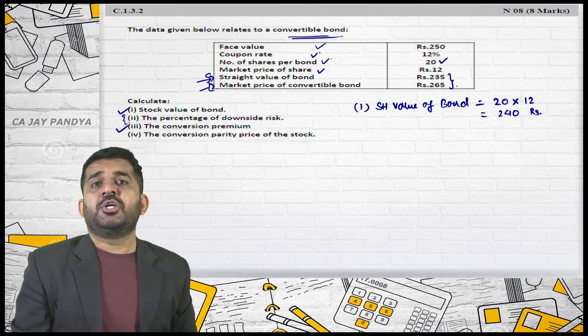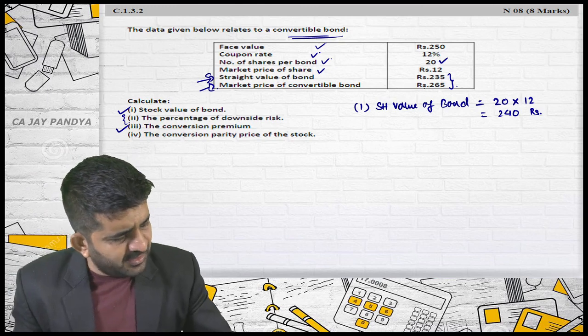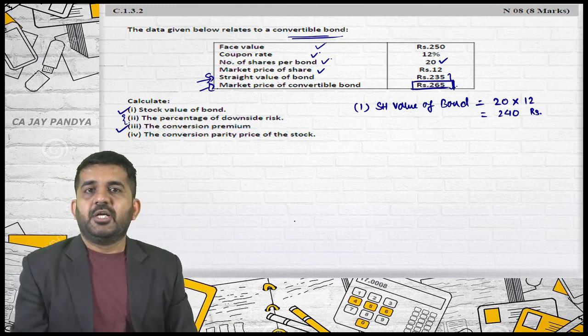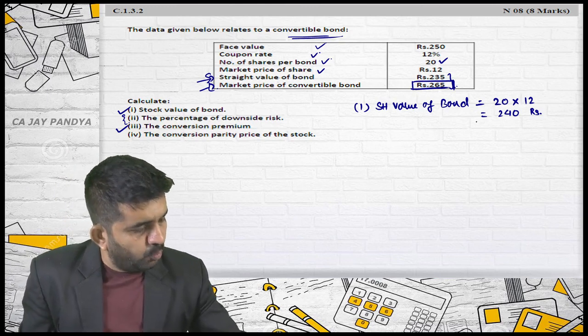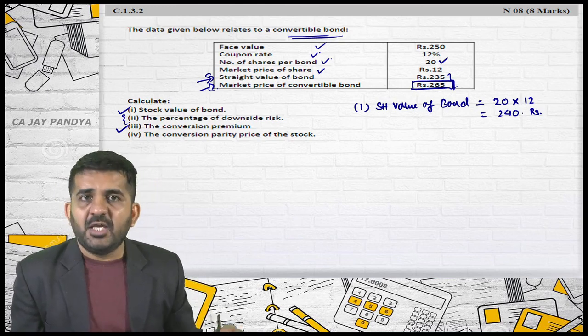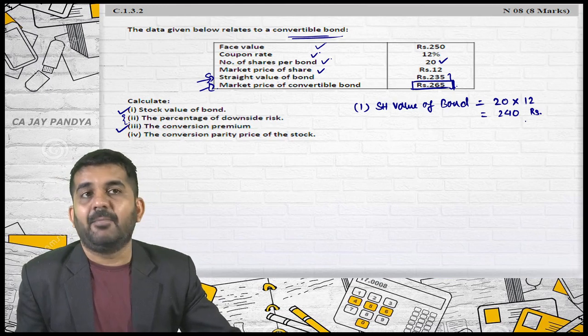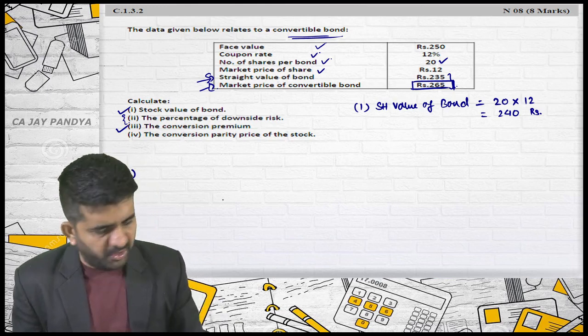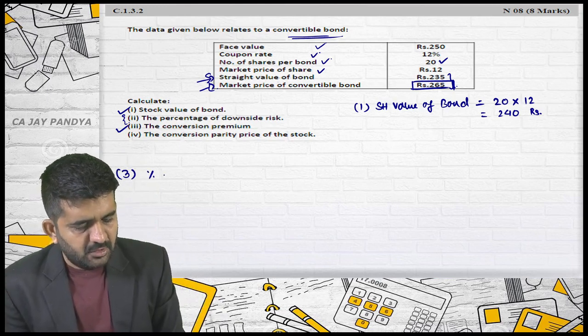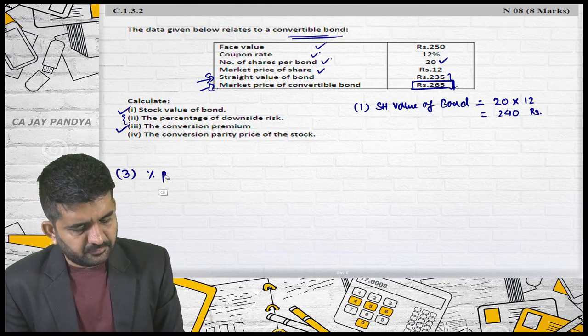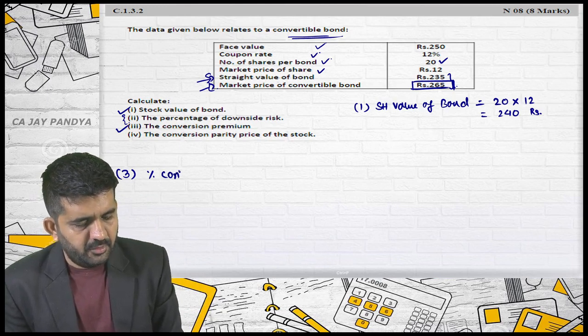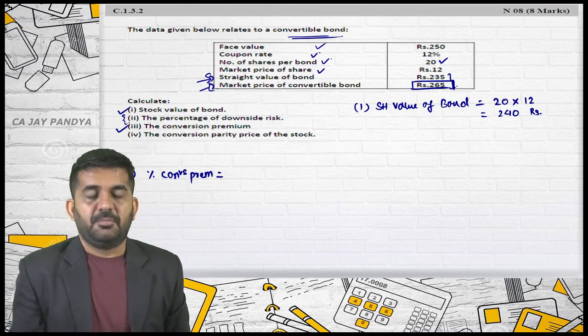The conversion premium. What is the market price of the bond? Forget about 235 right now. It is 265. What is the conversion value? 240. What is the premium? 265 minus 240. Percentage conversion premium. Is it alright?